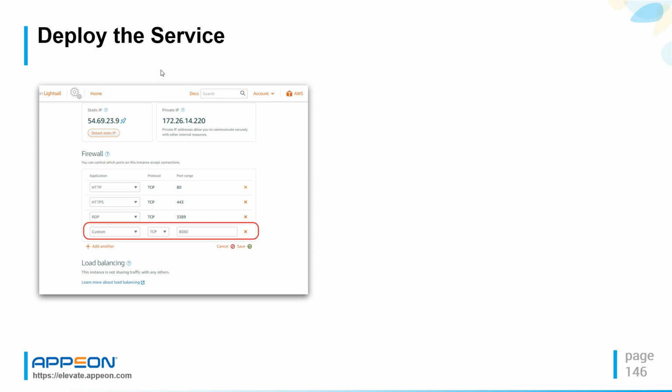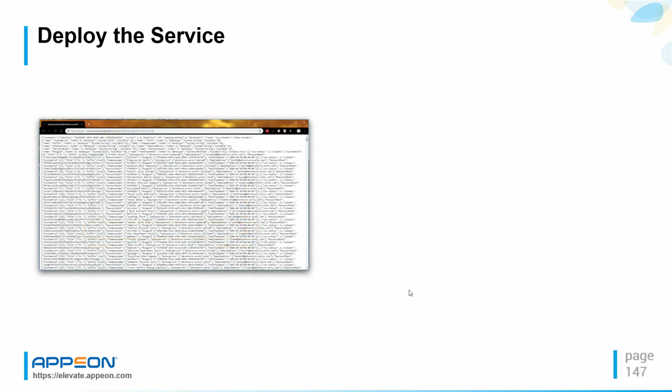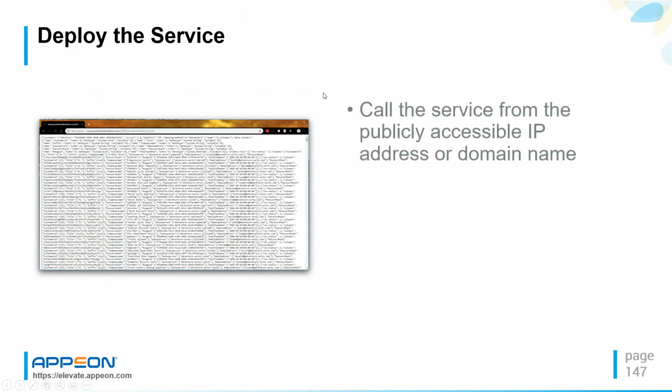I add a new rule in the firewall there, once again for 8080, and indicate that I'm allowing TCP on that connection. And that's what exposes the web service to the world. Now I can call the web service using the domain name that I have for my Lightsail instance, and I get data back. So we've deployed the service.